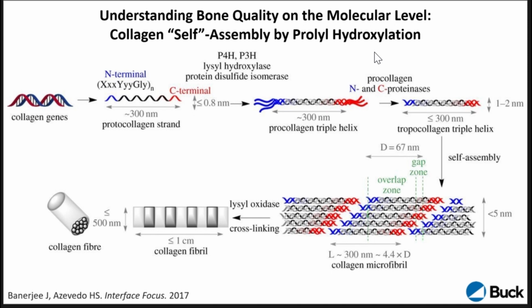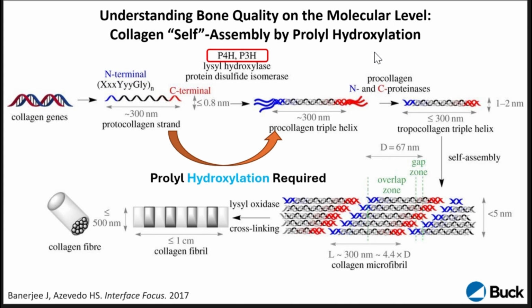And this happens via hydroxyproline modifications. It's an enzymatic process via these enzymes P4 and P3, and if this hydroxyprolination doesn't happen, the entire cross-linking and bone stability is affected. So that's why we're interested in hydroxyproline.